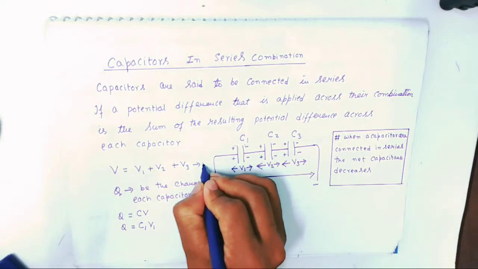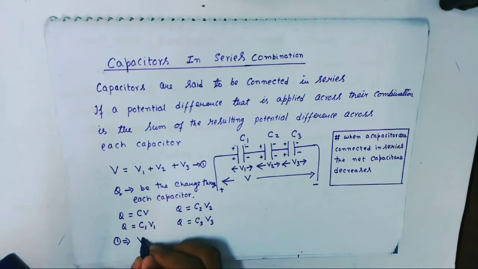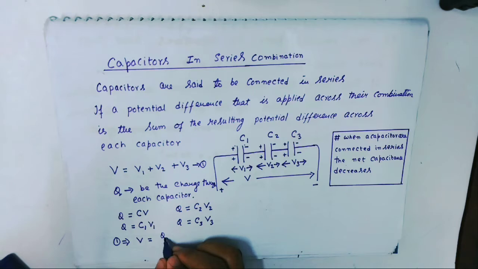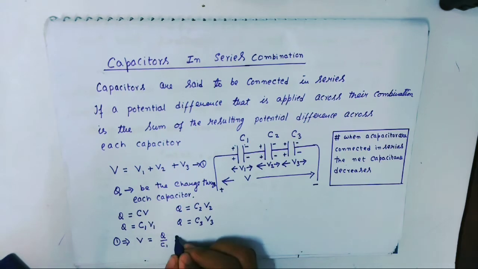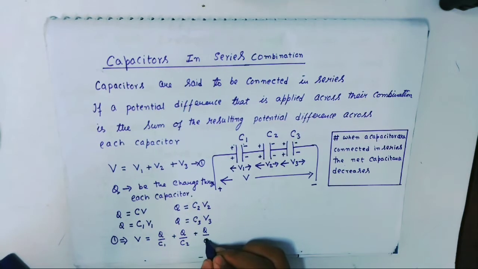So if this is equation 1, then equation 1 implies that V is equal to Q by C1 plus Q by C2 plus Q by C3.